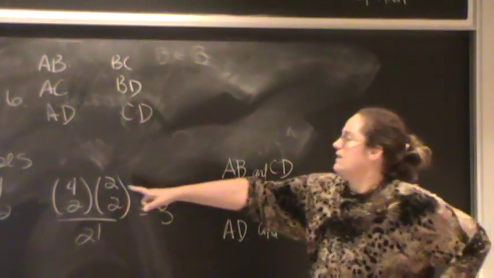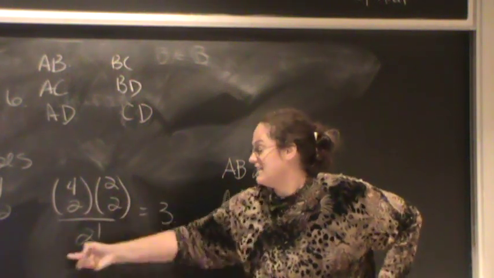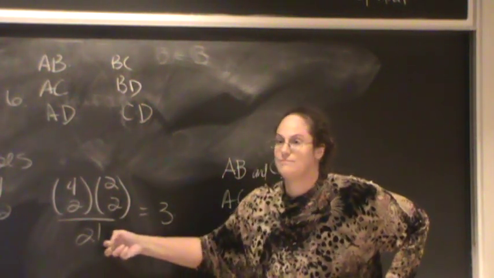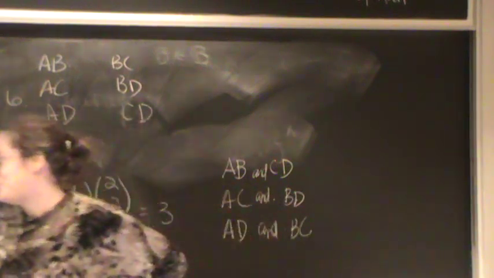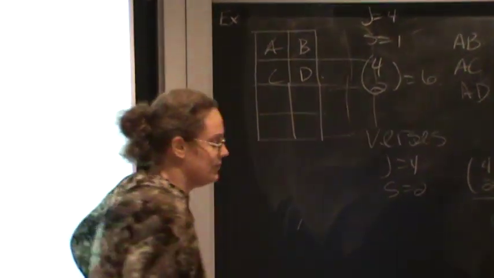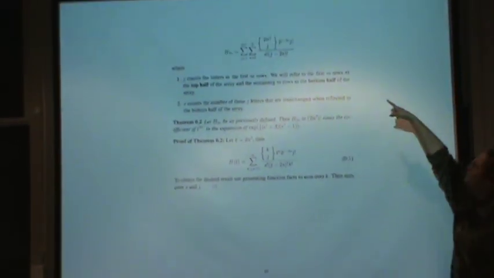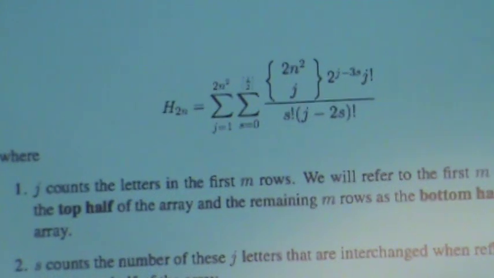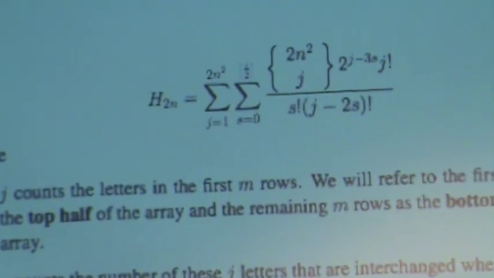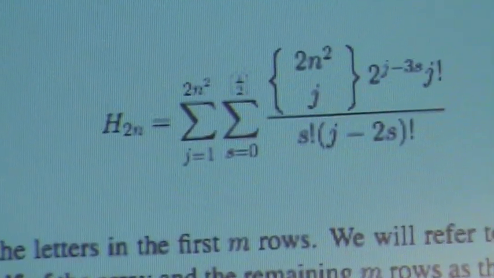In other words, you have a string that has order, and you've got to take away that many orders. That's why I have to divide by S factorial. So once you do all that geometric construction, you get this nice little nifty formula. And then you just have to use some generating function techniques to sum it.